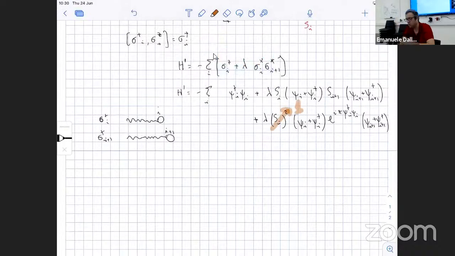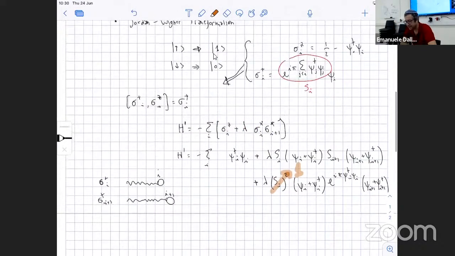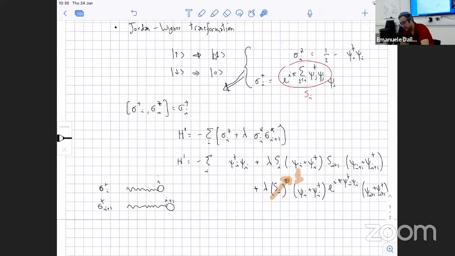Why? Because the string, remember, was e to the i pi psi dagger psi. Now, if I take e to the 2i pi psi dagger psi, psi dagger psi is either 0 or 1. So I get either e to the 0 or e to the 2 pi, which is 1, right? So the string square cancels, and that's great because it means that now I restore the local Hamiltonian.